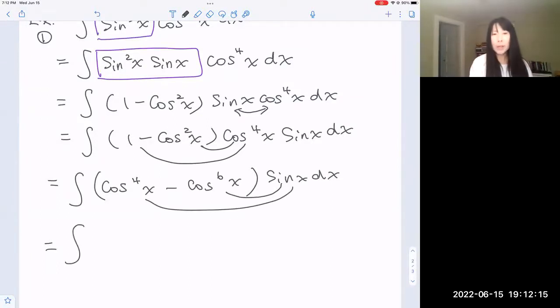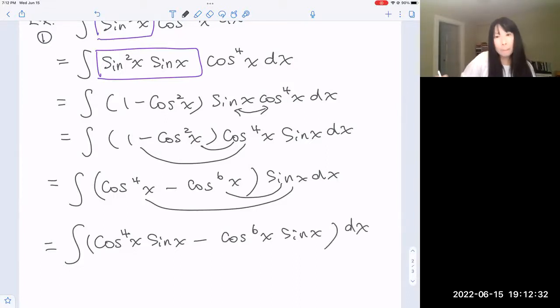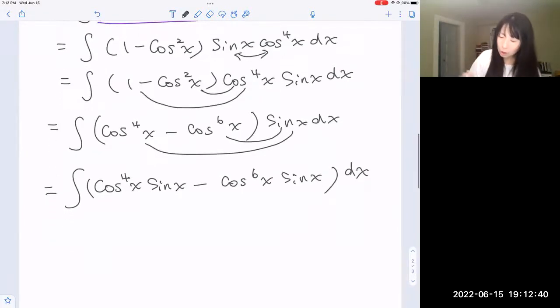So we integrate cosine fourth power sine x minus cosine to the sixth power sine x, and the whole thing is dx. Now we have two terms, so we want to integrate term by term, so we make it this way.